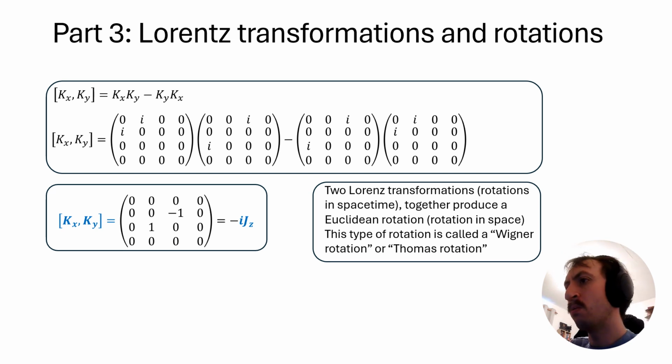And so we get something equivalent to Euclidean rotation by successive Lorentz boosts along different axes, and we call this kind of rotation a Wigner rotation, although I'm probably mispronouncing that, and I apologise to any audiences who may be more familiar with the correct pronunciation. But we also sometimes call it a Thomas rotation. I'll probably call it a Thomas rotation because I'm confident with how to pronounce that correctly.